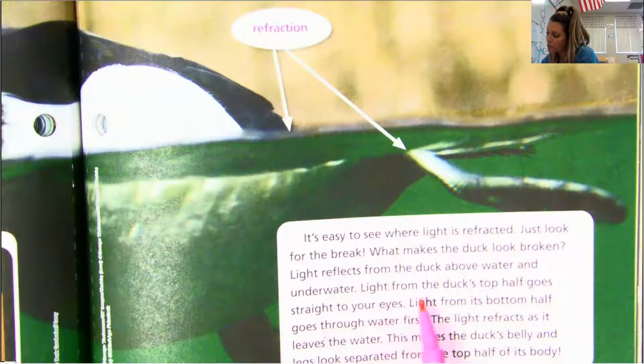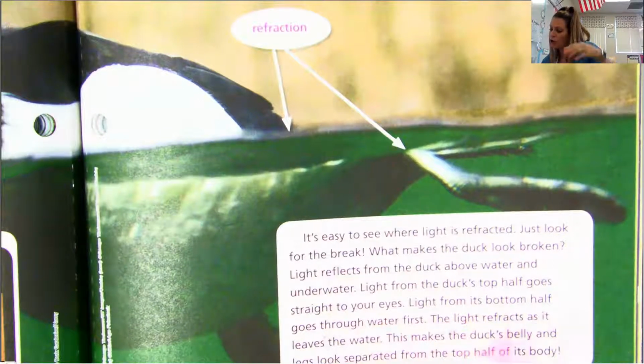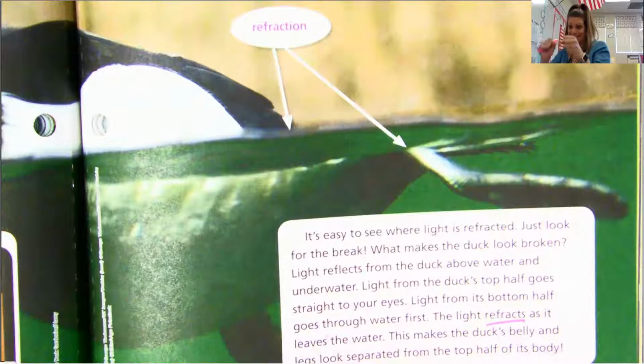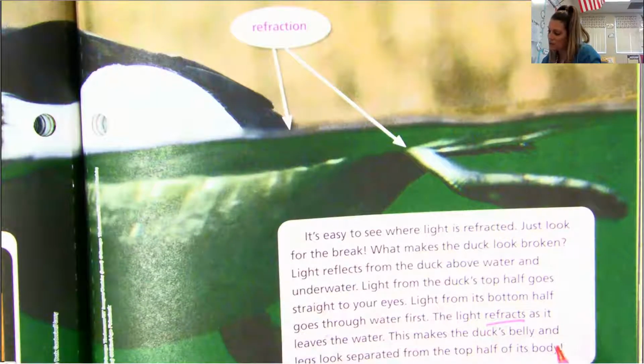Light from the duck's top half goes straight to your eyes. So that's how we can see it, right? Light from its bottom half goes through water first. The light refracts or what? Breaks, right? Bends as it leaves the water. This makes the duck's belly and legs look separate from the top half of its body.